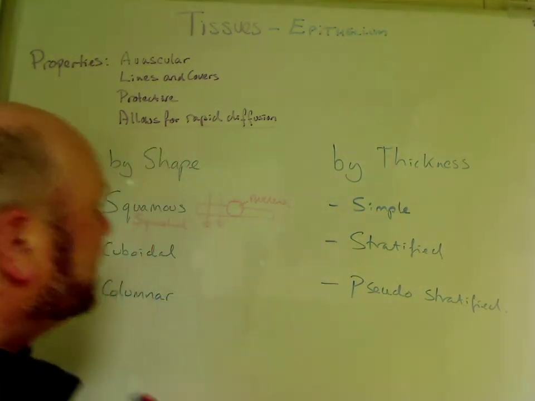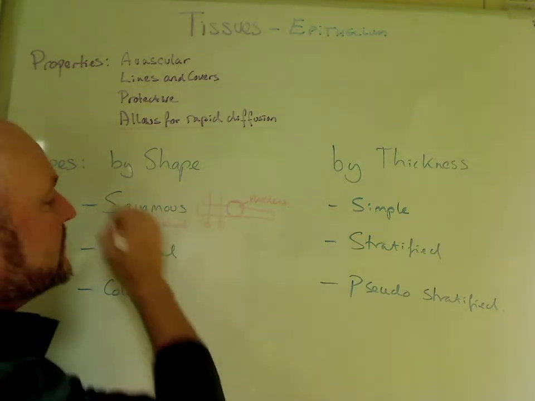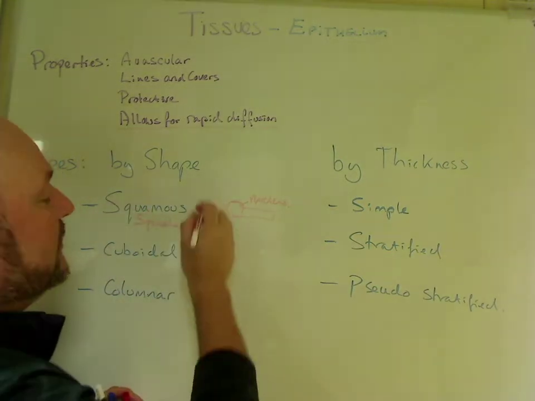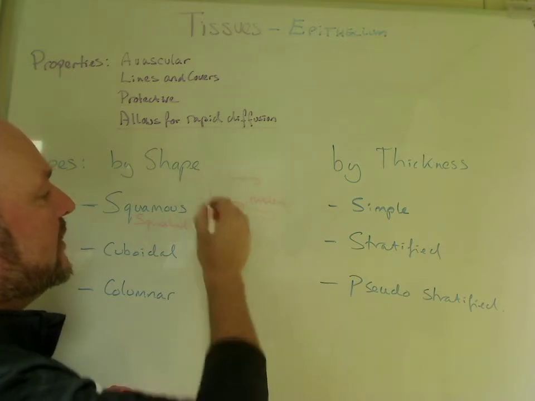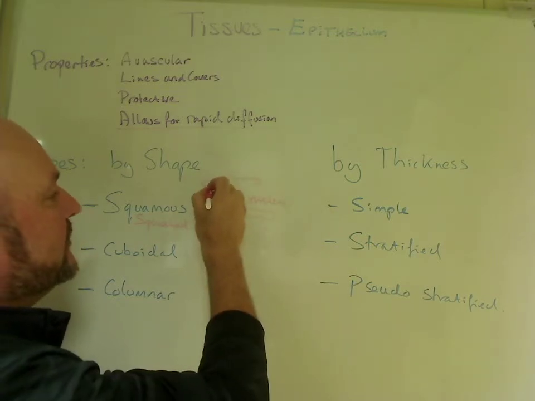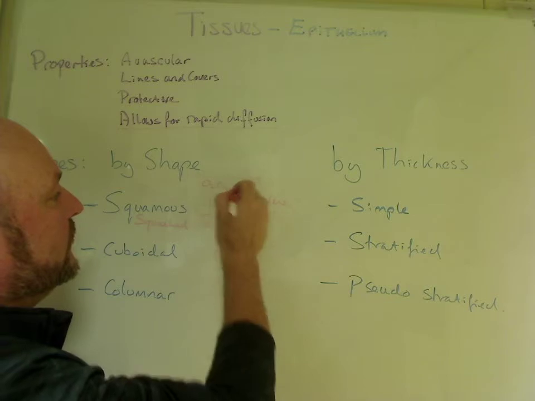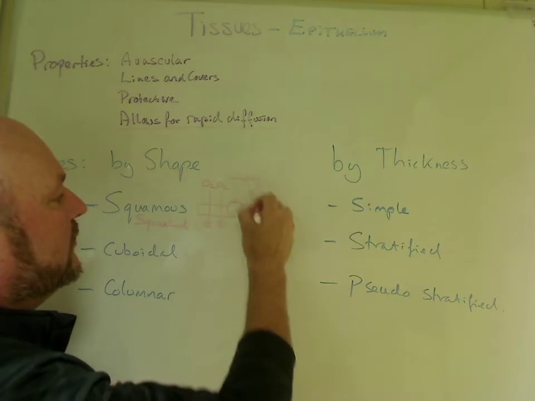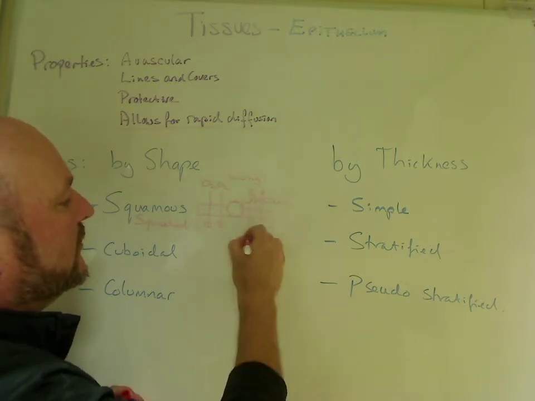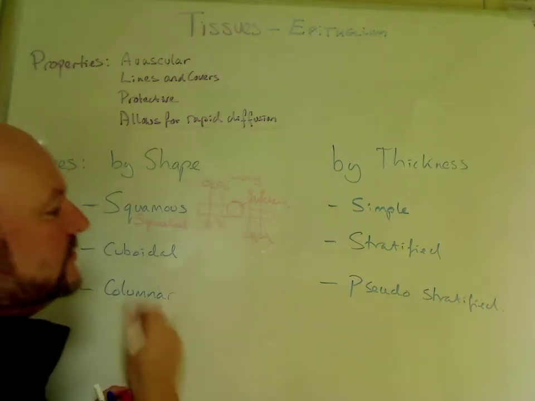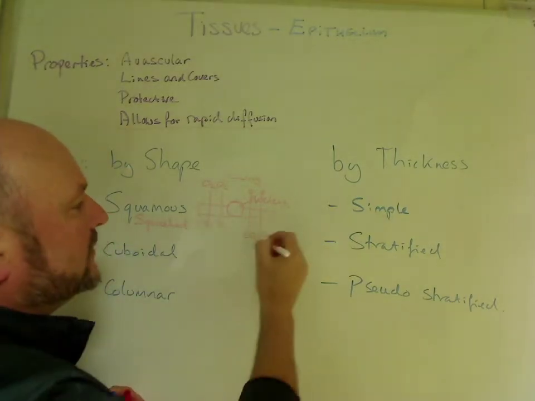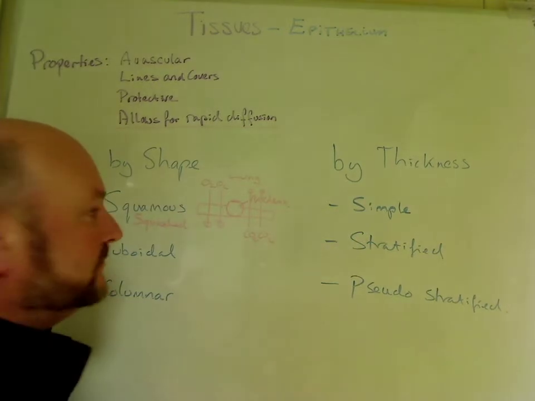And so you'll find squamous in places like the lung tissue, because it allows rapid movement for the gases, oxygen coming in and carbon dioxide leaving.